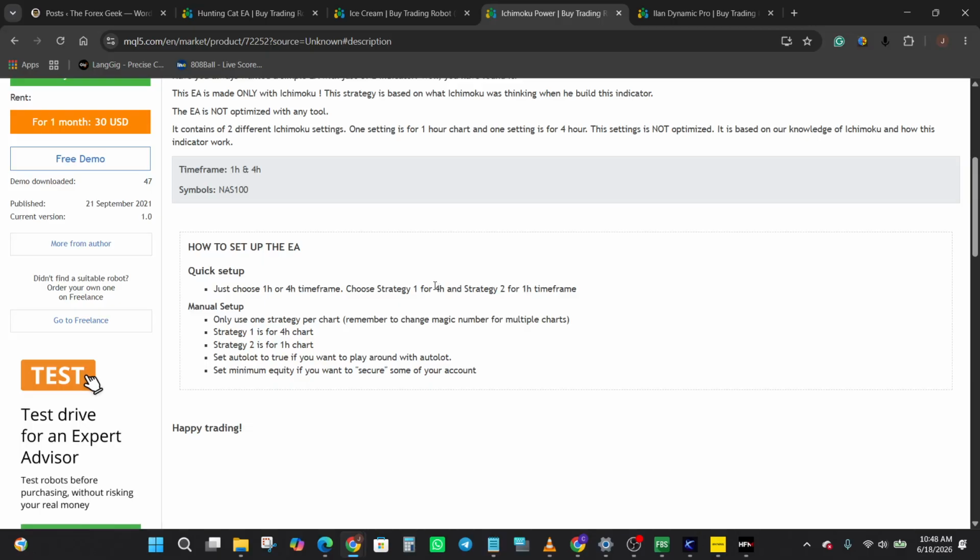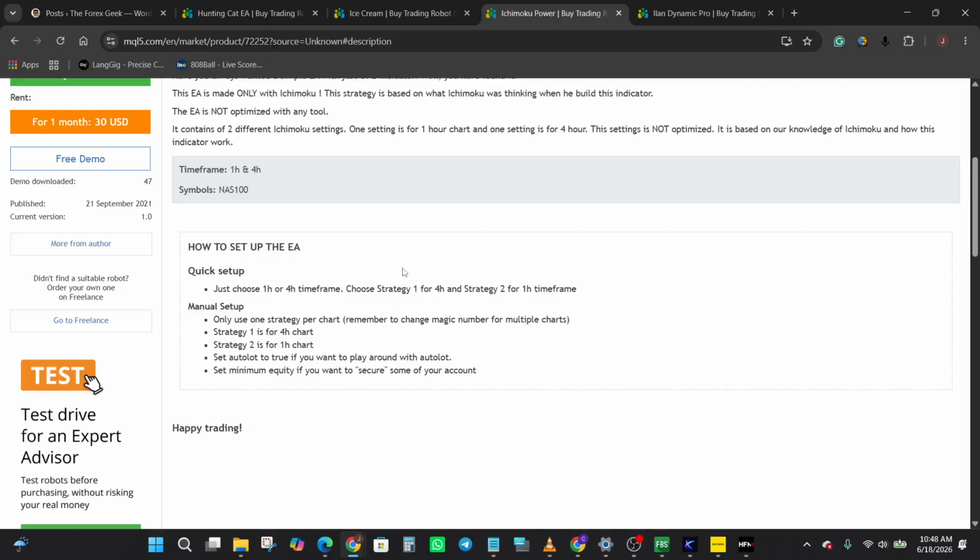So for traders running multiple charts, the developer advises using only one strategy per chart and changing the magic number accordingly. The EA also includes an auto lot option, which can be enabled if desired, along with a minimum equity setting that can be used as an account protection feature according to the description.